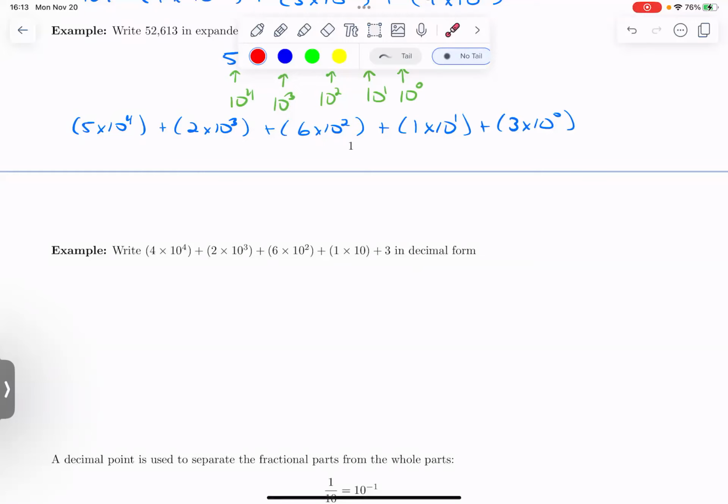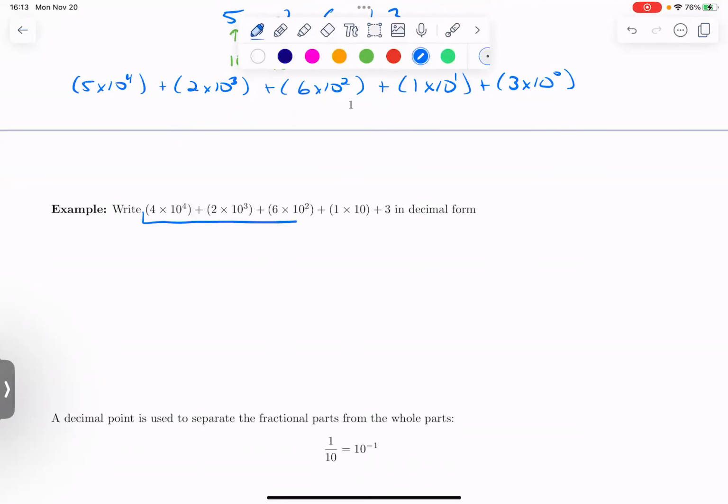So here I've got 10 to the power of 0, 10 to the power of 1, 2, 3, 4, which means that I'm allowed to just drop these values out. Maybe that didn't make sense. Made sense in my brain. Just drop them all out. So 4, 2, 6, 1, 3.